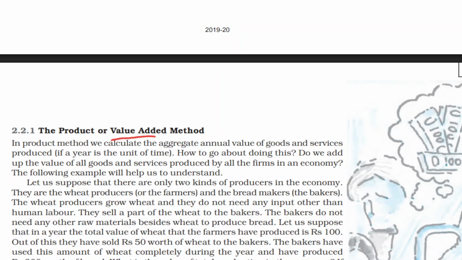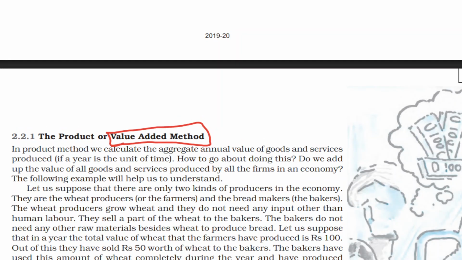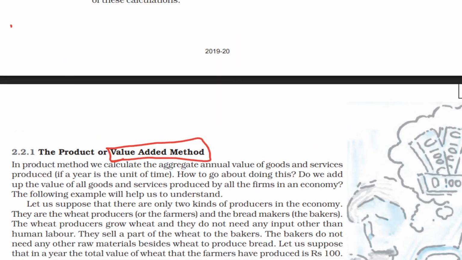Now what does this value added method mean? I'll start this method with one example. In this example I have three chains.